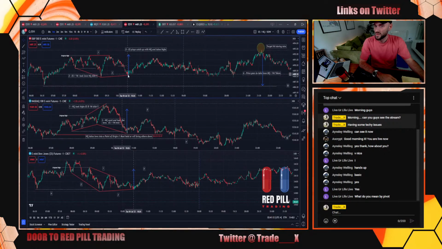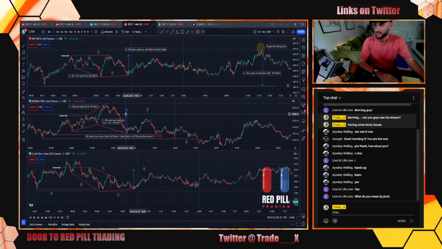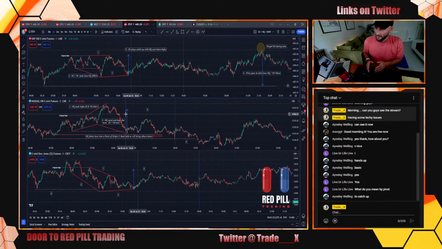Okay, so I'm looking for ES and YM to now show what? Relative strength. Because I'm looking for NQ to come and tag this low. Now, we can throw in one other thing to play catch up. Exactly, Ainsley.